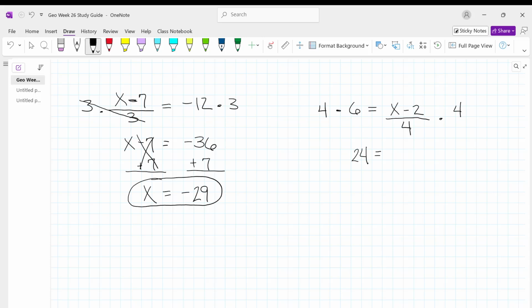On the right-hand side, these two 4's cancel out. And the x minus 2 falls down. Next step would be to add 2 to each side. 26 would be equal to x.